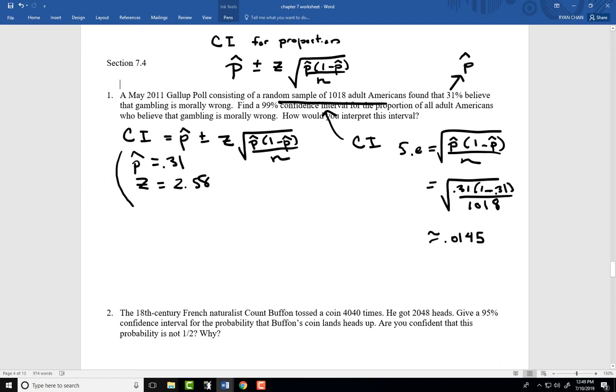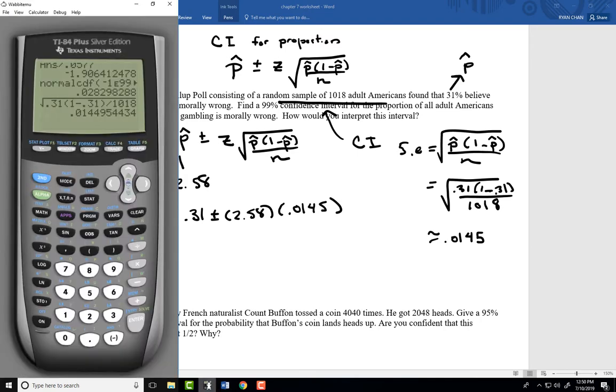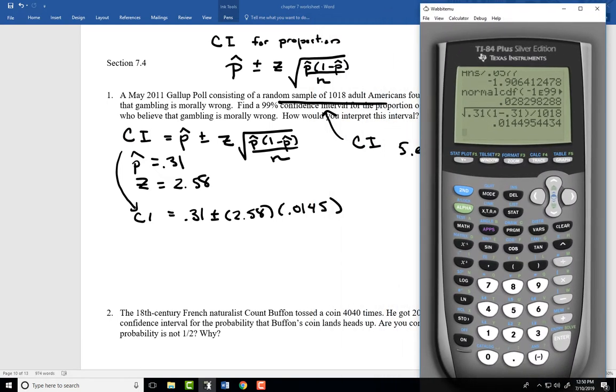This is pretty easy to plug in. So I just do 0.31, my z is 2.58, and my standard error is 0.0145. We'll enter this in. I'll do 2.58 times 0.0145.